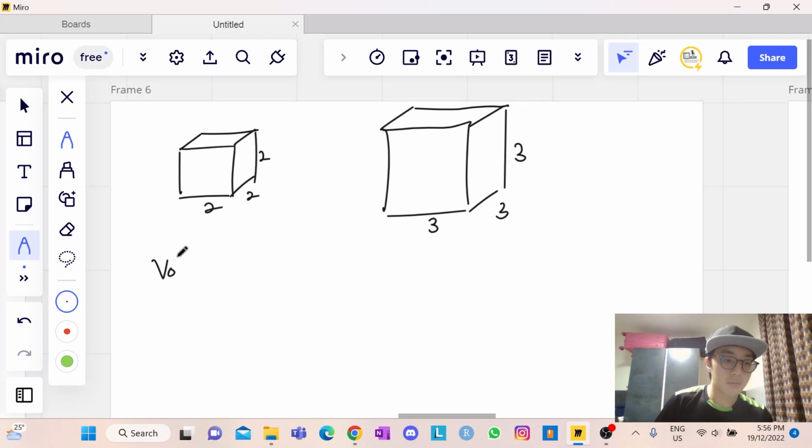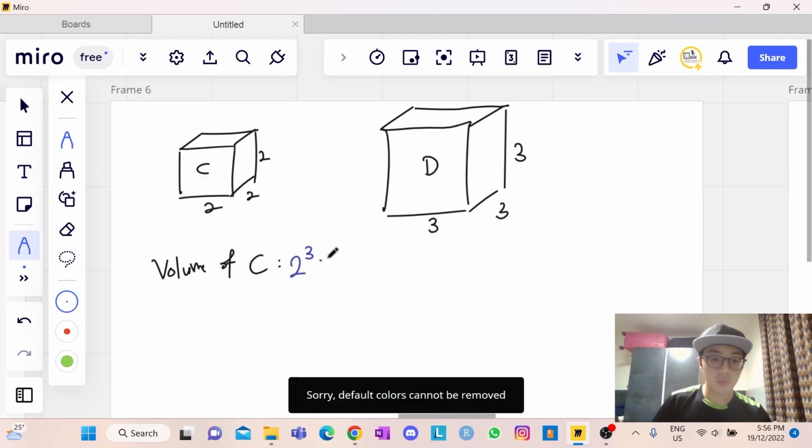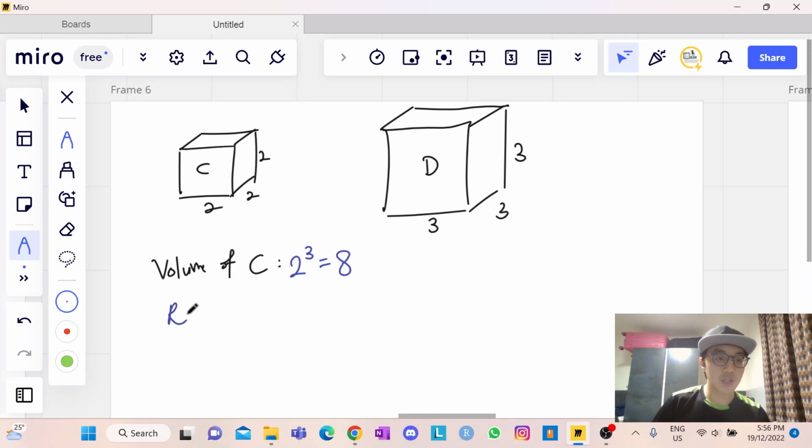Let's say this is C and this is D. The volume of C is 2 cubed, which is equal to 8. And let's find the ratio between these two cubes, which is 3 over 2. It's just 3 over 2, because this length right here is divided by this length right here.